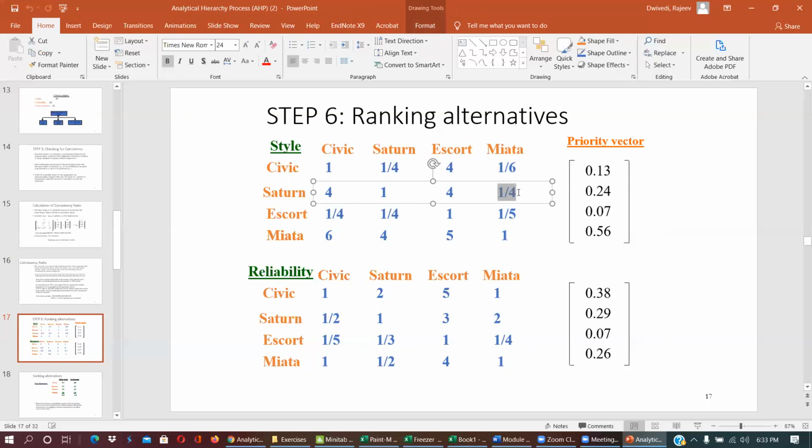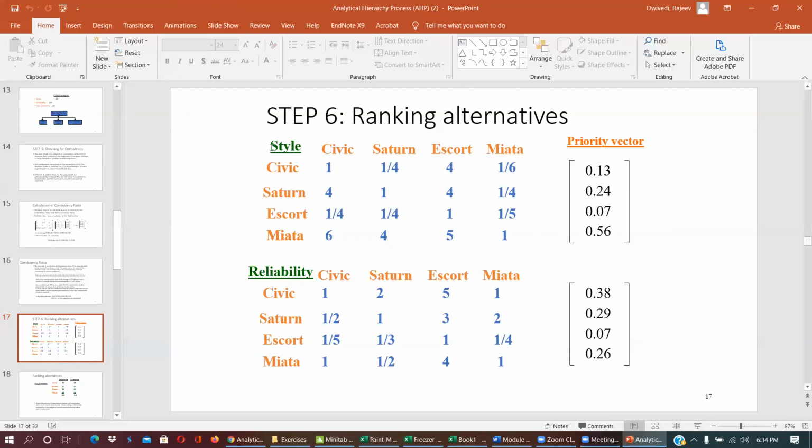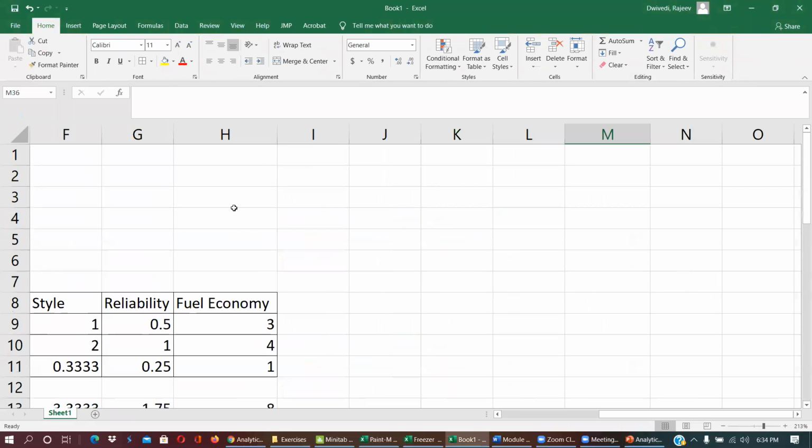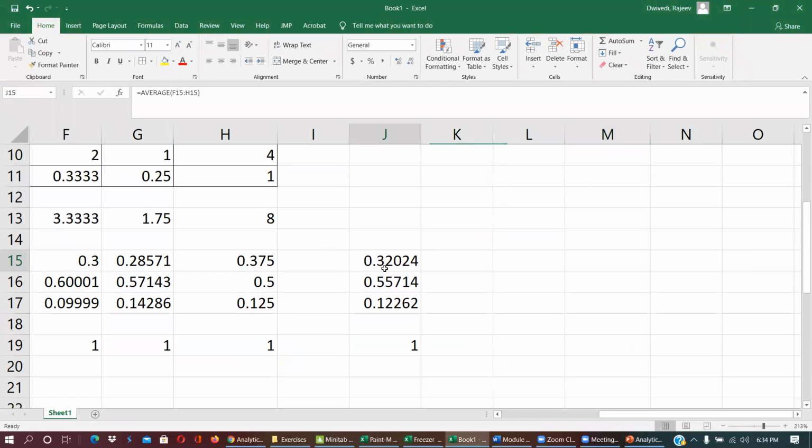So based on style and based on reliability, you have to make these pairwise matrices, and again use the same method.